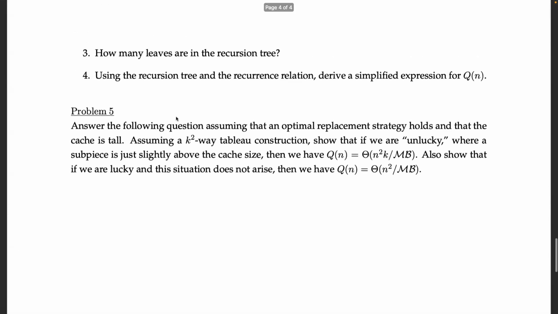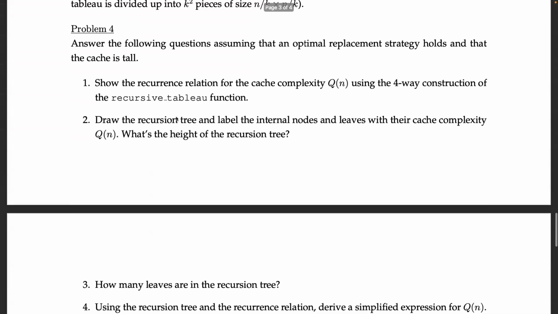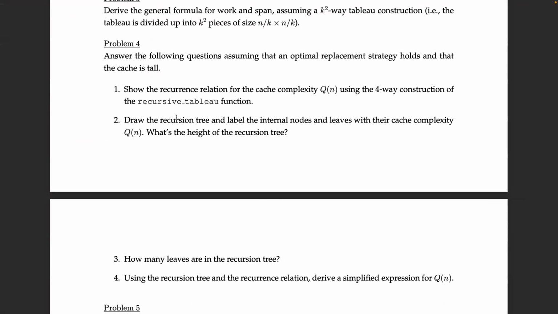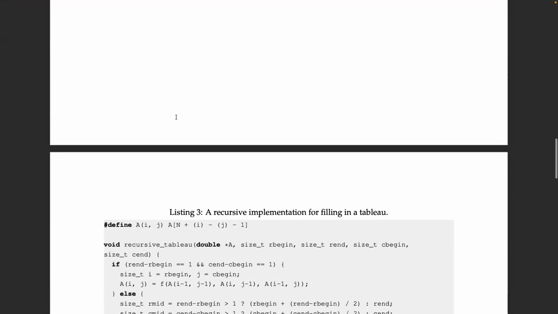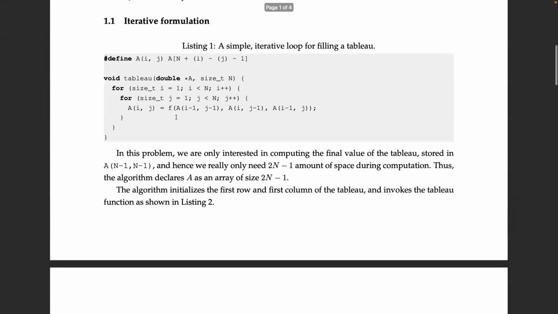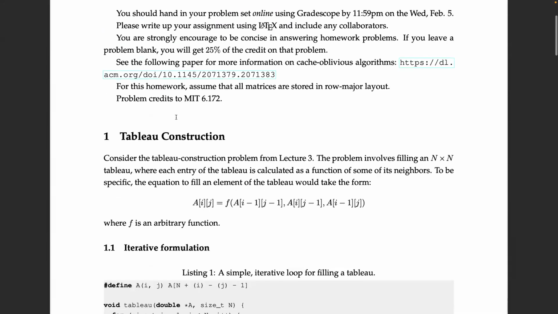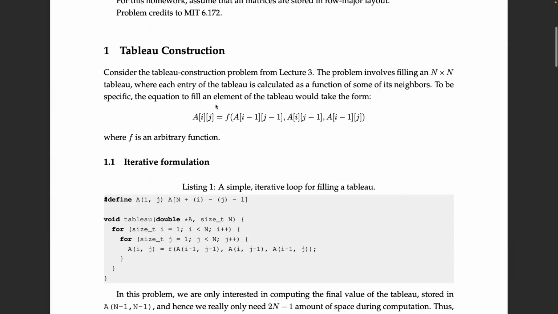Question 4. So it depends on the definition of questions 1 through 3, which is this tableau. And to remember, a tableau is basically like dynamic programming.